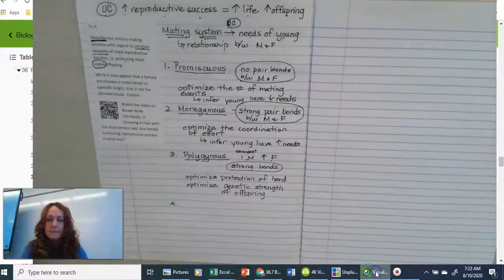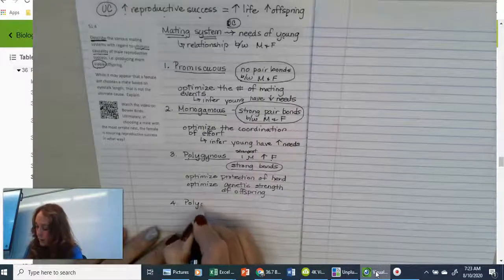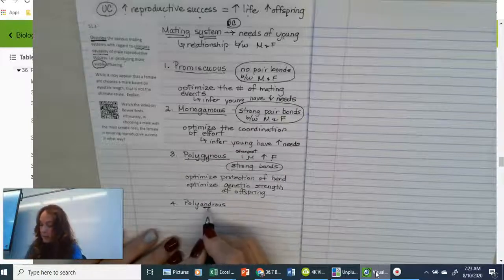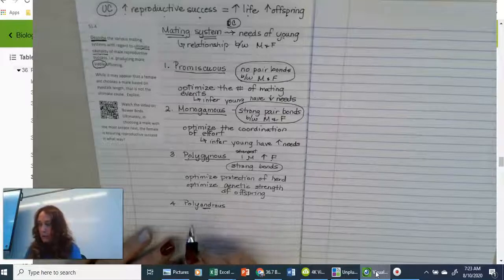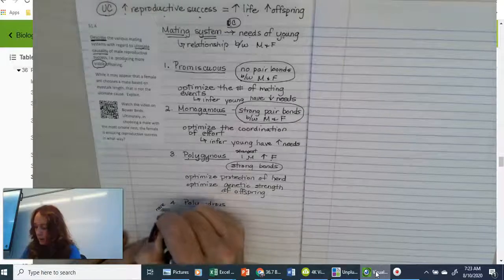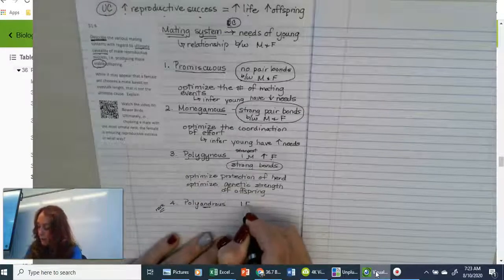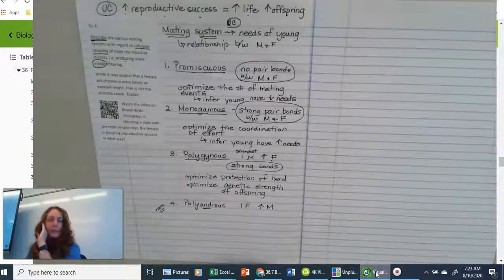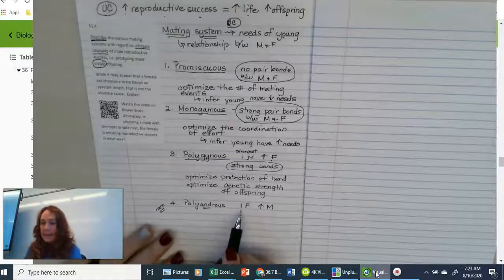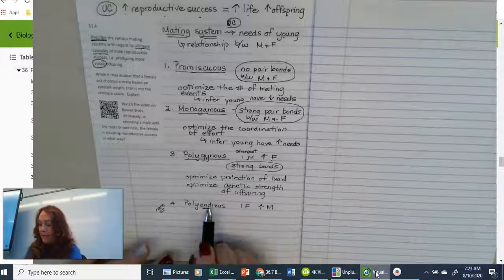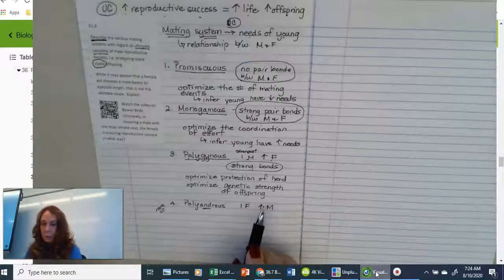All right, where are you? Is polyandrous. So AND means male, like androgen. So poly means many. This one's rare. It's a little odd. But you've got one female with many males. A lot of times, females that lay eggs will, instead of holding the eggs for one male to fertilize, lay the eggs in many places, right?